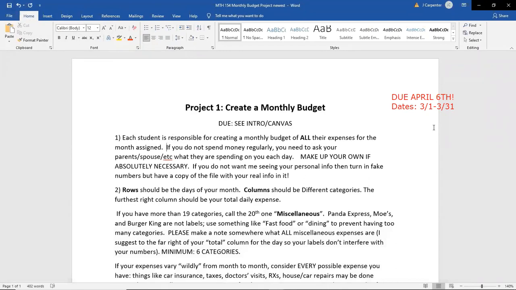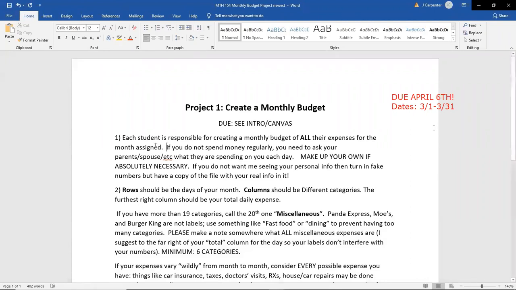I've done the month of February. I've done the month of June. I've done split months, like say January 16th to February 15th, or December 20th through January 19th, something like that. So that will also be something that is detailed in Canvas, and in the intro, you'll find this file in Canvas where it will have your exact dates.